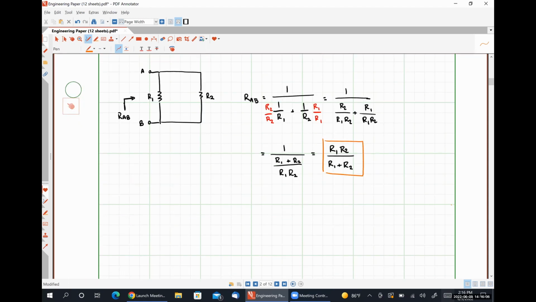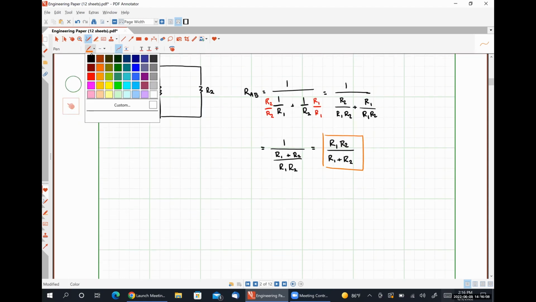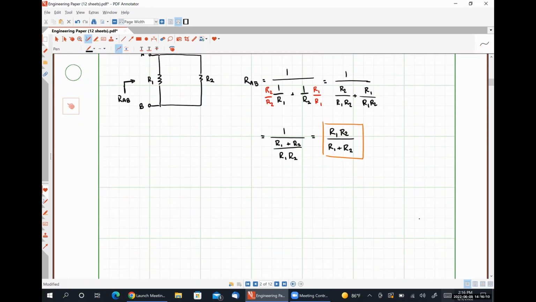So what I mean by that is, let's work a quick numerical example here. Let's say that I have a network where I have an 8 ohm resistor, a 12 ohm resistor, and a 20 ohm resistor.